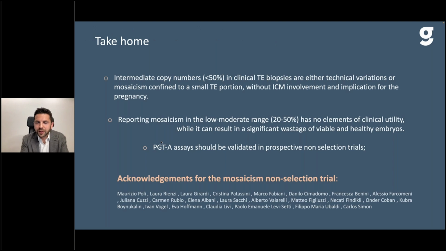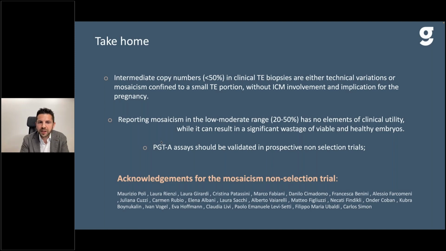So, take-home message. I hope it was quite clear that intermediate copy numbers in clinical trophectoderm biopsies are either technical variations, or they may represent true mosaicism that is confined to a small trophectoderm portion without ICM involvement, in most cases, and with no implication for the pregnancy.